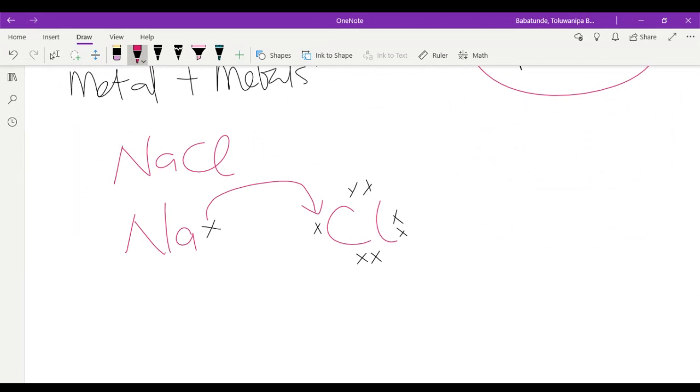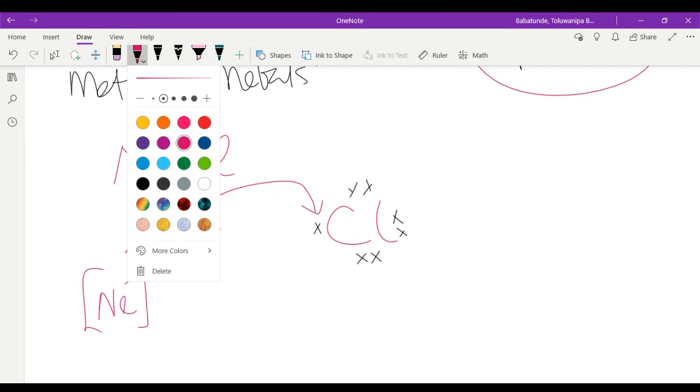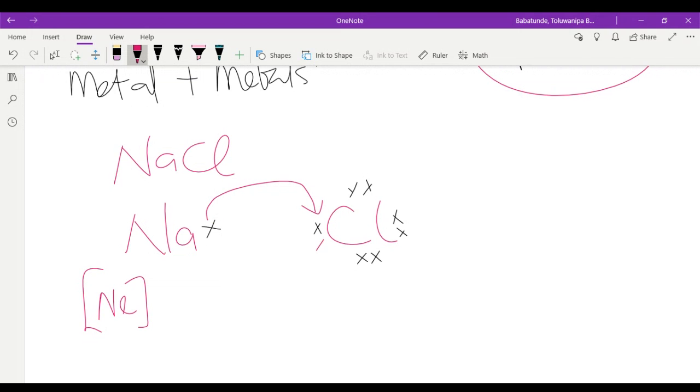That will make sodium like a noble gas, which is neon, with 10 electrons. And this 1 electron that is transferred from sodium will go into chlorine this way. So this one leaves here and it comes here.